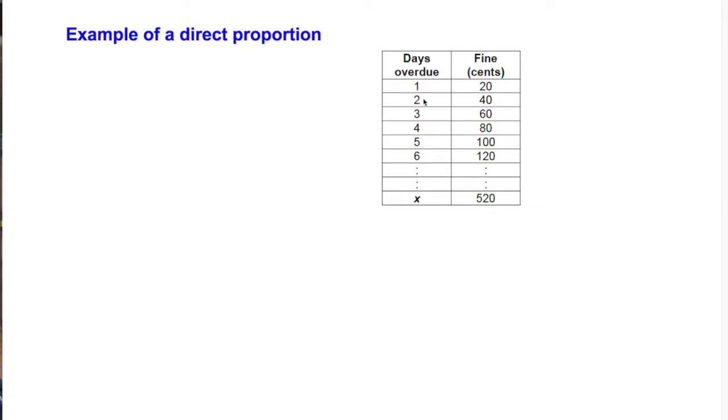If we were to form a ratio of any two corresponding sets of values, for example, if we use 2, the corresponding value is 40, and 5, the corresponding value is 100, and if we form two ratios, 2 over 5, they will be equal.